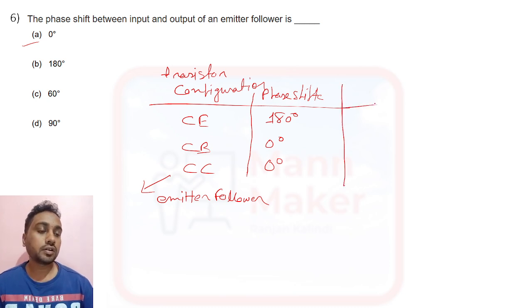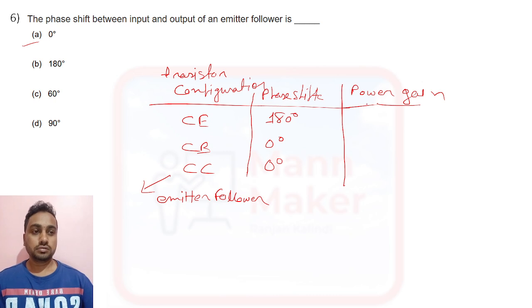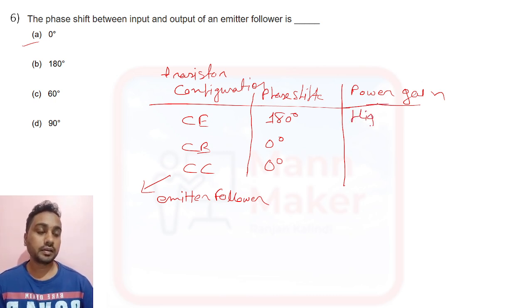Sometimes they will ask a question from power gain also. What is the power gain for common emitter? The power gain of common emitter is high. Common base has low power gain, and common collector has moderate power gain.